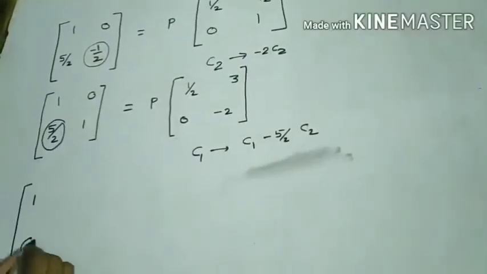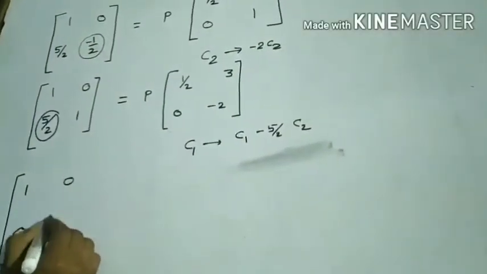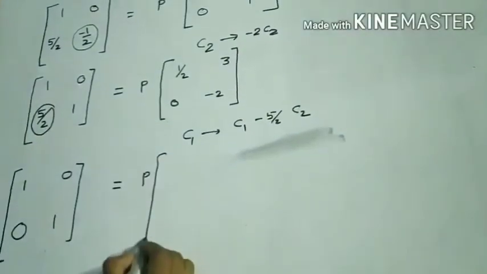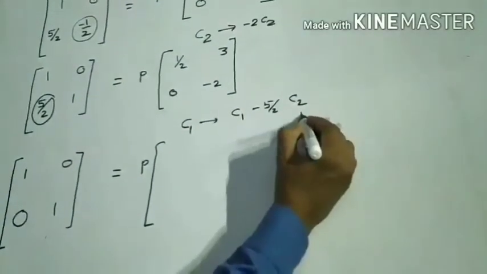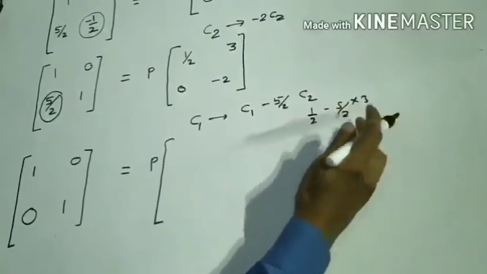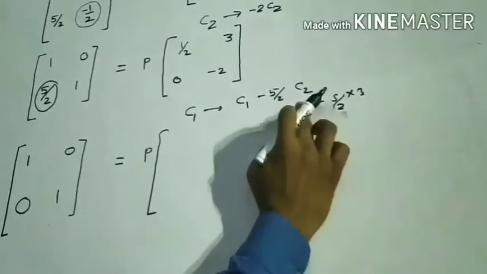So here we will get 0, and then 0 and 1, and this is equal to P. On this side you have to see C1, this is 1 by 2, then minus 5 by 2 into 3, with 2 as the LCM.